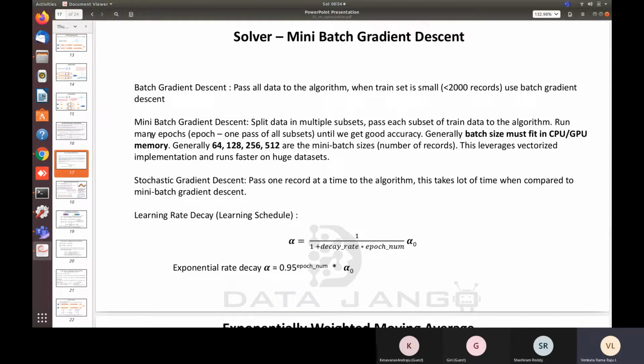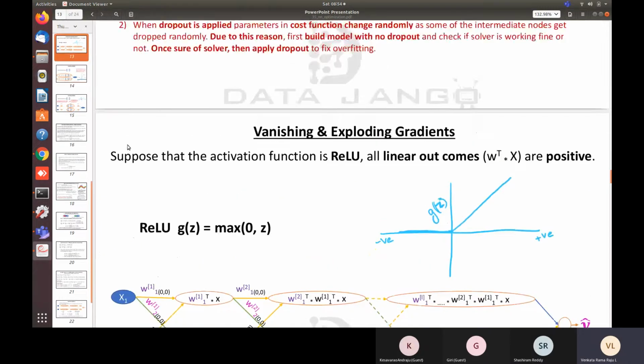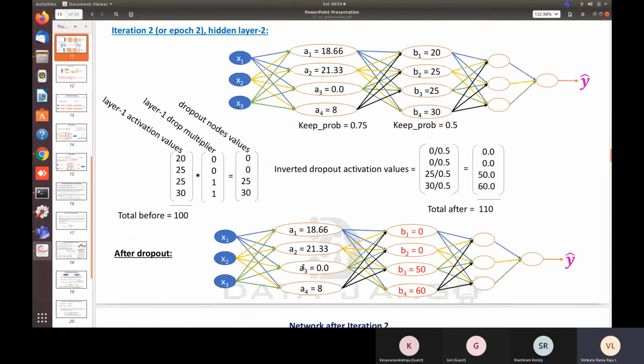Okay, theta transpose x will give you that many number of node outcomes. If you have 10 nodes, let me try to take this example. You have 4 nodes here. Suppose that you are passing 16 records here, right? Then in this node you will get 16 values. In this node you will get 16 values.